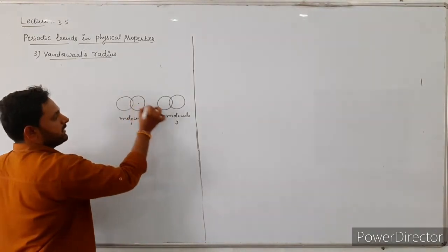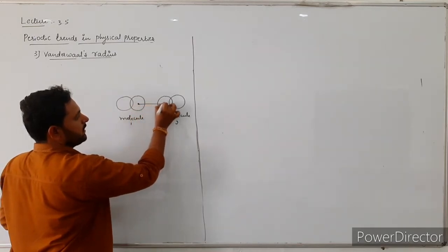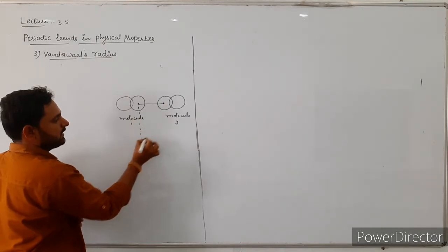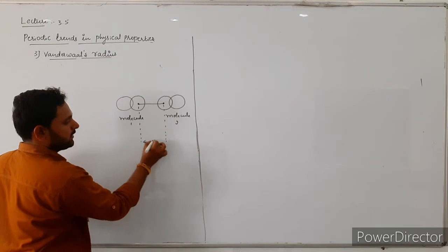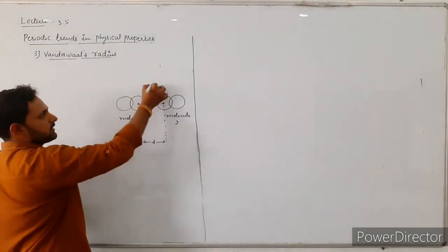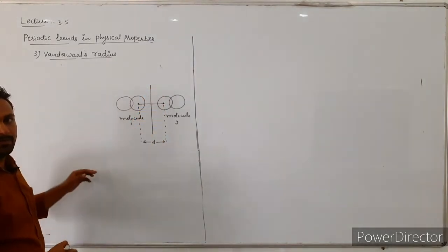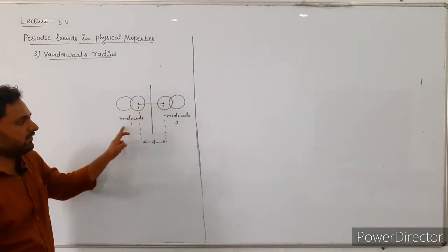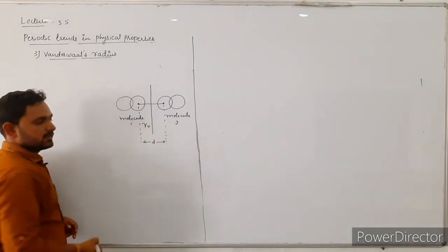The distance between two nucleus in non-bonded atoms is called internuclear distance between two non-bonded atoms. This is internuclear distance. Half of the internuclear distance between two adjacent non-bonding atoms of different molecules is called van der Waals radius.